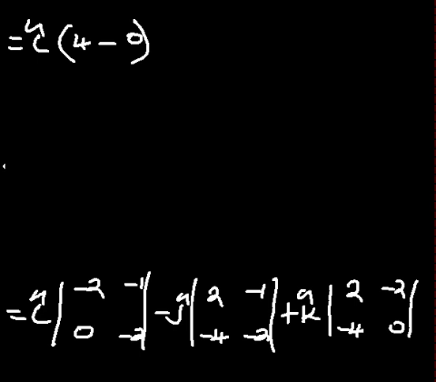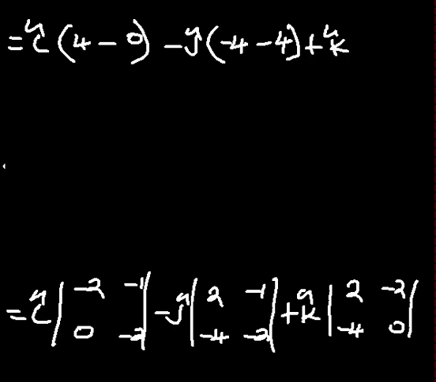And we'll have minus the j component: 2 times -2 is -4, and minus -4 times 1, we'll have it as 5. Something like that.